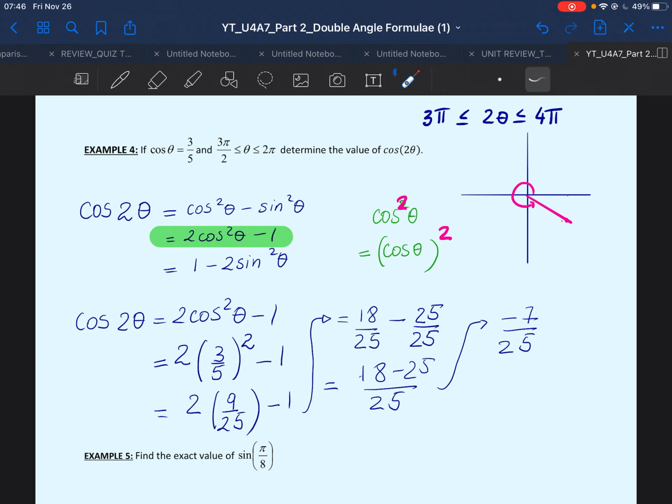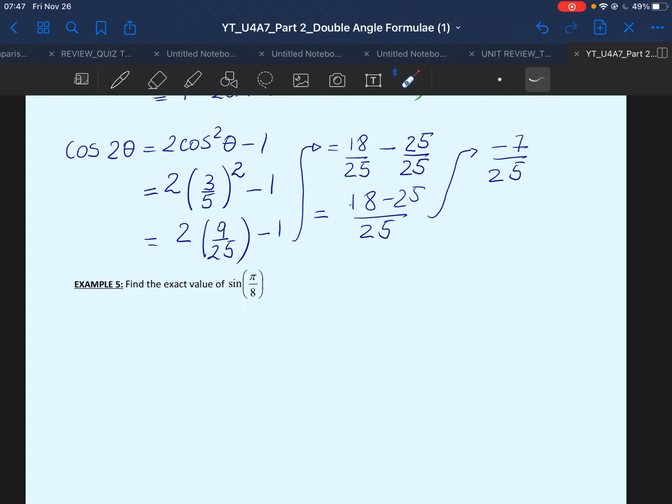So let's take a look at where 2 theta would be. So we're going to say that angle 2 theta is between 3 pi, so here's 1 pi, 2 pi, so this is the third pi, and the fourth pi. So it seems that our angle will be in the cosine quadrant here.